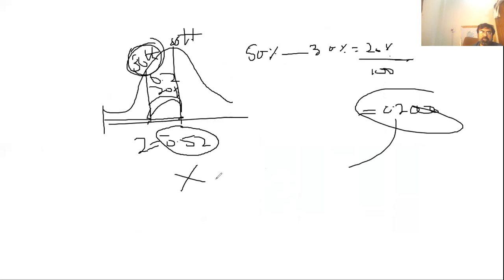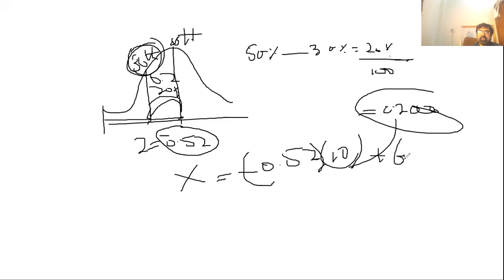So putting in the formula, minus 0.52 into 10 plus 60, and that will become minus 5.2 plus 60.